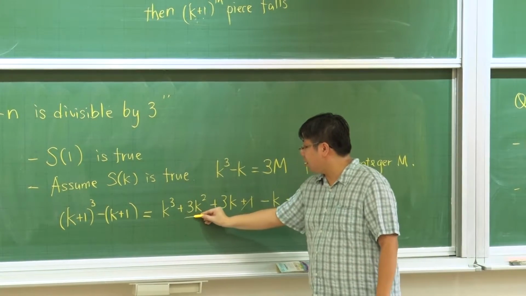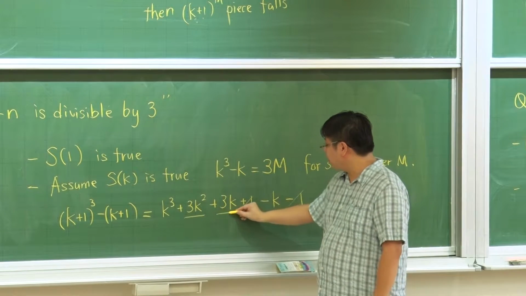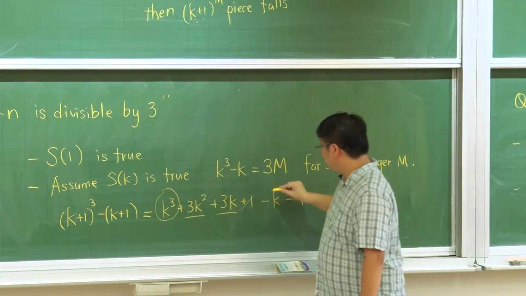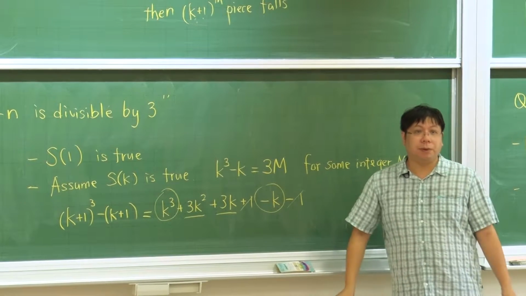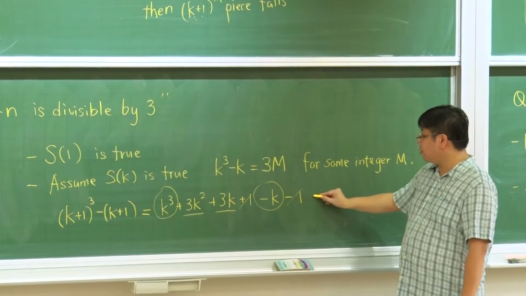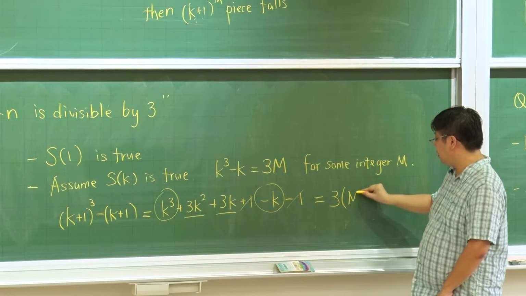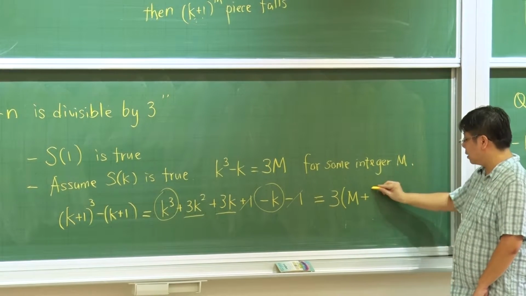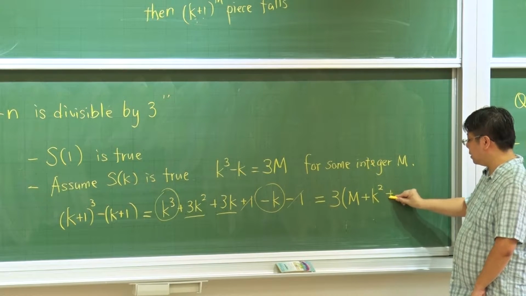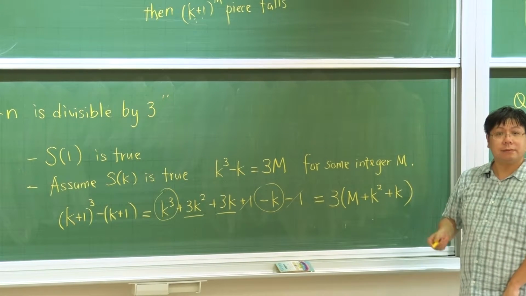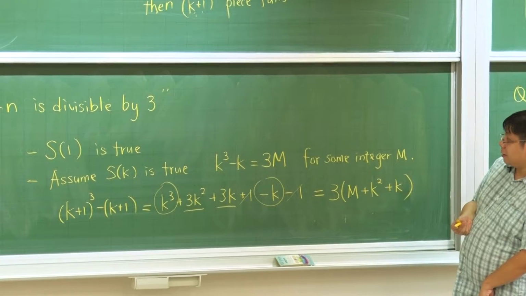This is a multiple of 3. This is a multiple of 3. And this k cubed minus k is a multiple of 3. So if you do some simplification, this will be equal to 3 times (m plus k squared plus k). Is that okay?